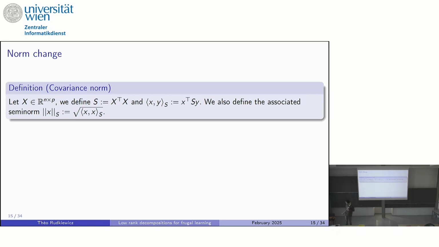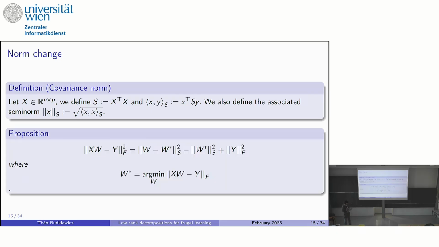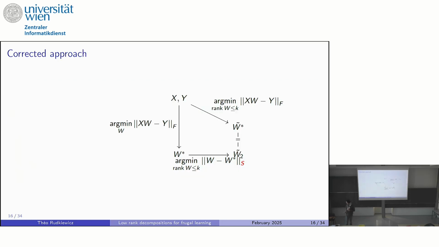And we have the following theorem that says that our minimization problem is equal to the distance between our solution and the optimal full rank solution plus some constant. So we see that optimizing this according to W is like optimizing this according to W. And here it's not a Frobenius norm, it's a norm that is definable. So we have the following scheme where we just replace here the low rank approximation by a low rank approximation according to the norm S.